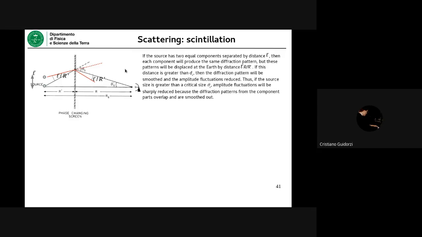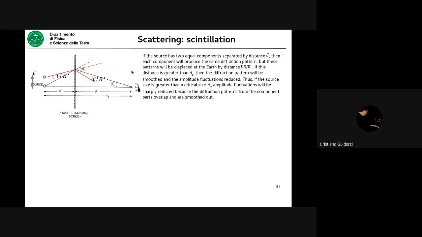If the two rays are separated by a distance greater than dc, they will smooth out the difference that you would measure in the absence of two sources, with just one. So if this distance between the two rays is comparable to or greater than the critical distance, the correlation distance, you will see no more of the effect you were measuring. You will see no more fluctuations by moving the detector from one point to another.